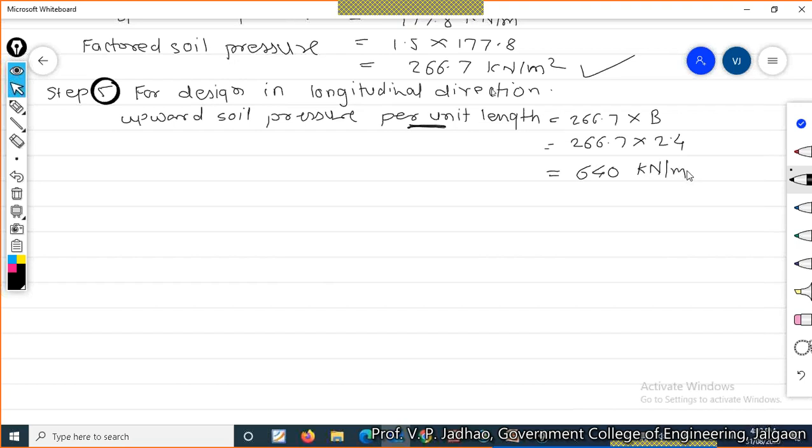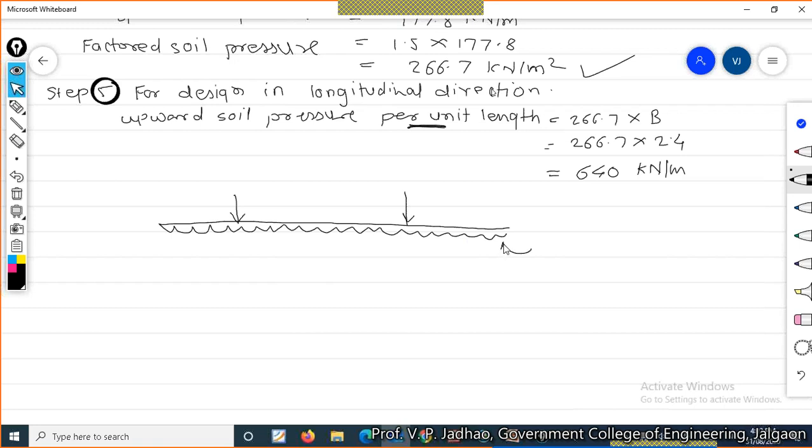Okay. So this is the upward soil pressure. Now if this is your beam, this is in kilonewton per meter. Now if this is your footing, we are considering this as a beam, or column reaction. This loading is 640 kilonewton per meter square.